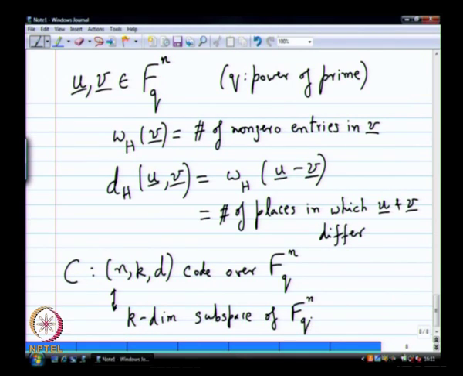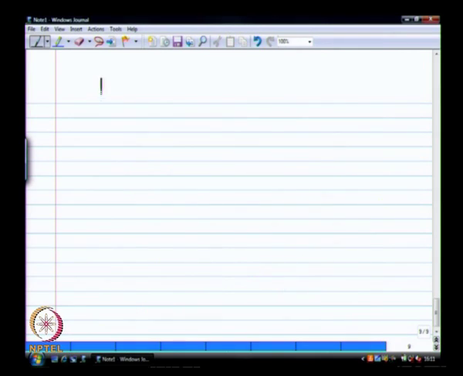How is this subspace specified? Using our idea of two different matrices. You will have a generator matrix, k cross n.